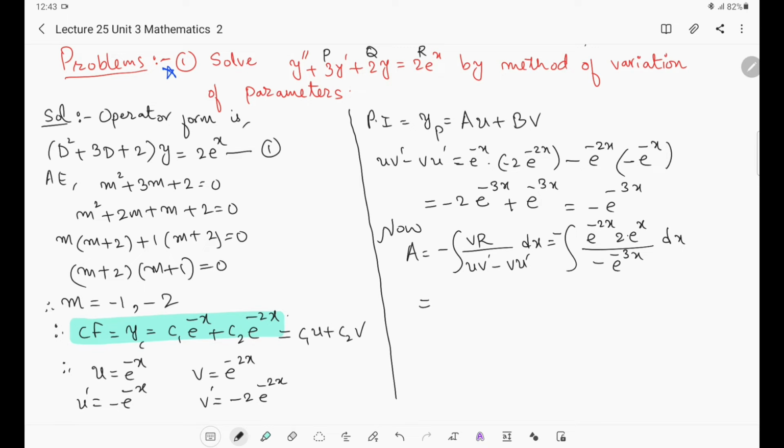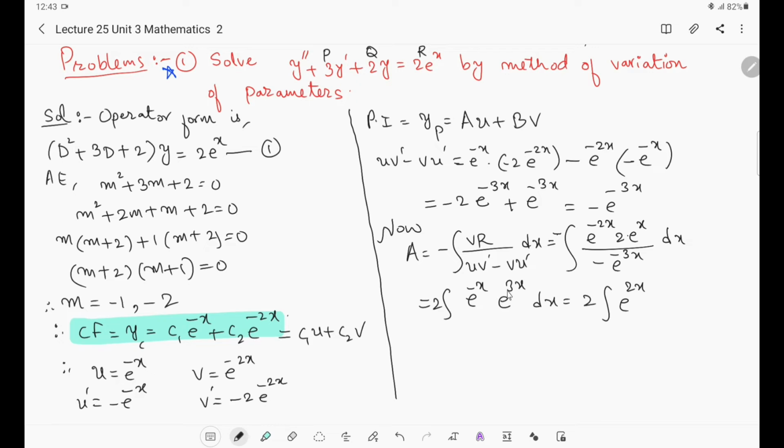Now simplify this integral. So what we will get? This minus and this minus will become plus. So what will remain? The 2 I am writing outside, integral, what will remain? This will be e power minus 2x plus x, so e power minus x from this, and here e power minus 3x when you take above, it will be e power 3x into dx, which is e power 2x, right?